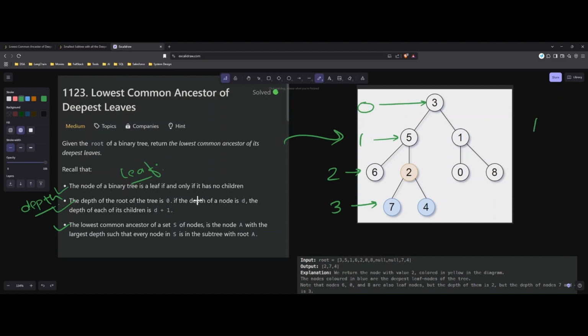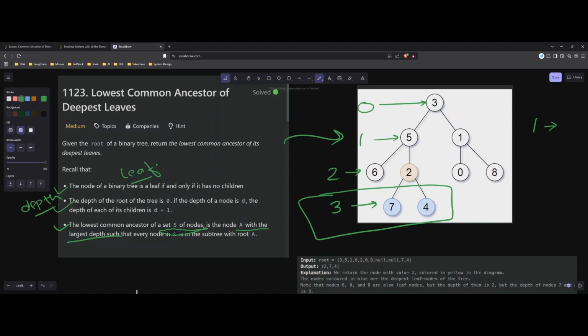First, we have to go to the largest depth, meaning we take the elements in the last level, which have the largest depth. And the lowest common ancestor of S is the node A with the largest depth.